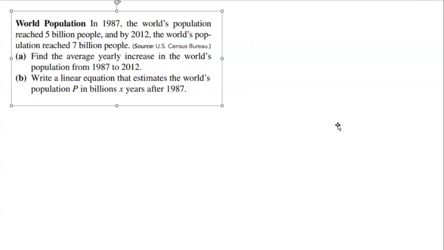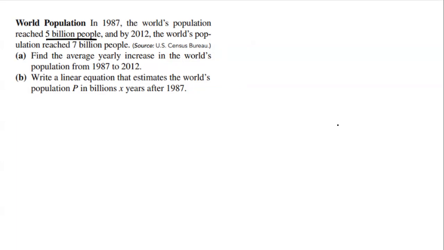So again, time, years, that should be your x value. In 1987, it was 5 billion people, and in 2012 it was 7 billion. So that's going to be our coordinates: 1987, 5, and then 2012, 7.